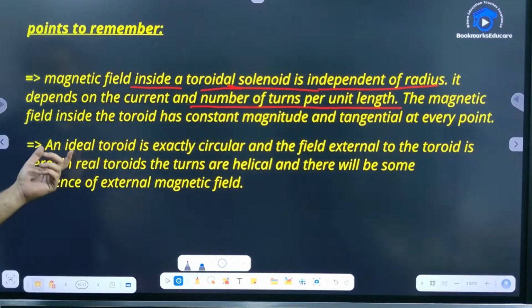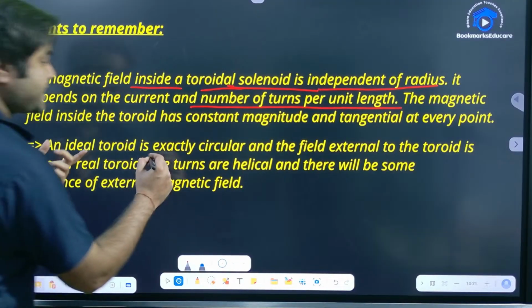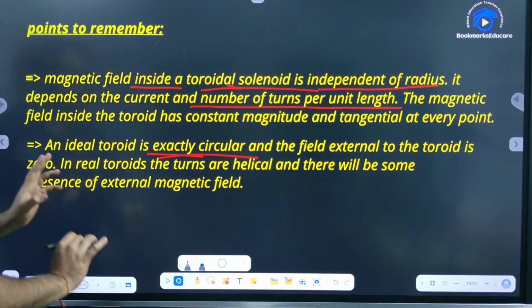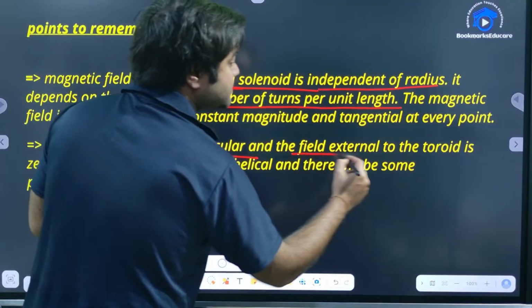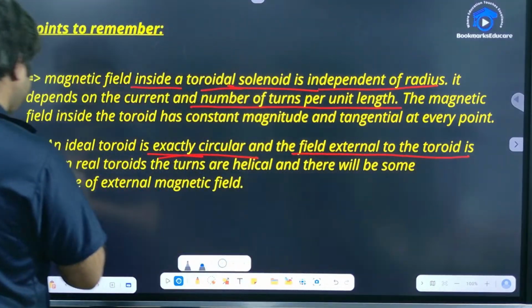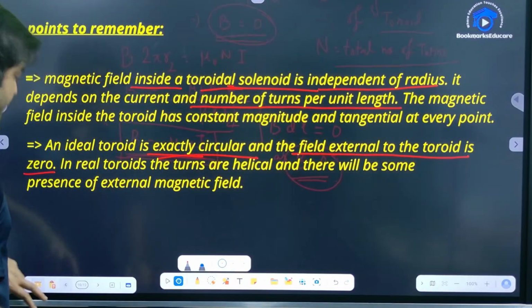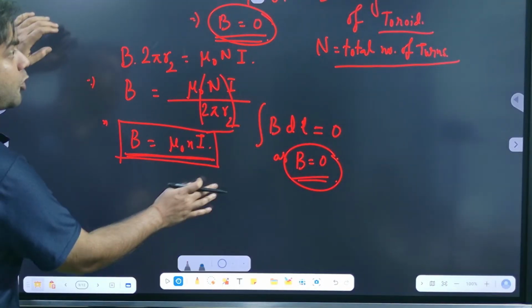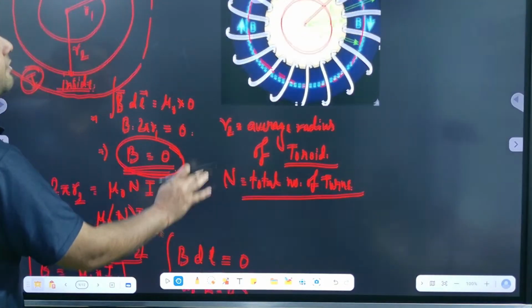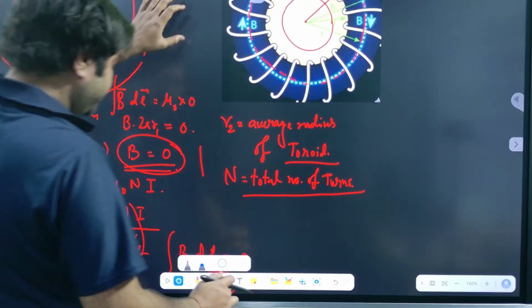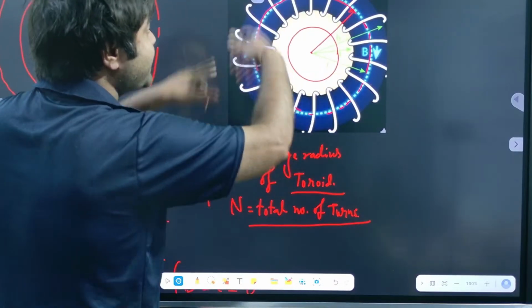An ideal toroid is exactly circular and the field external to the toroid is 0, as happened here. We considered the toroid for convenience as an exact circle.